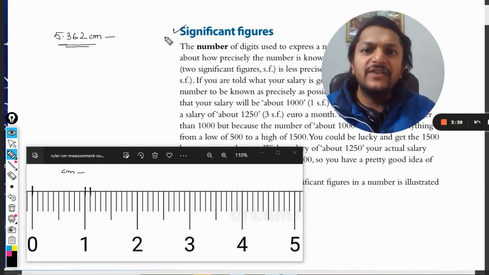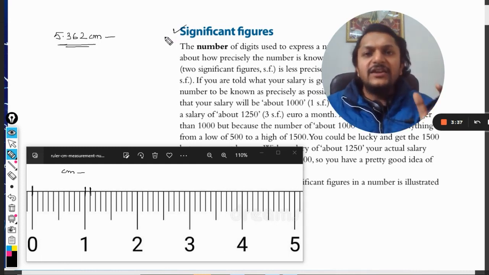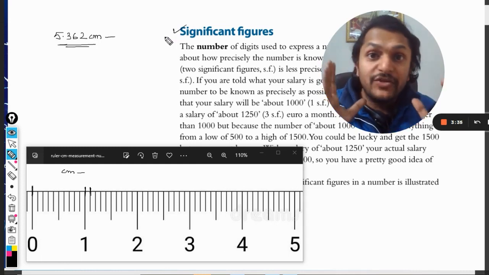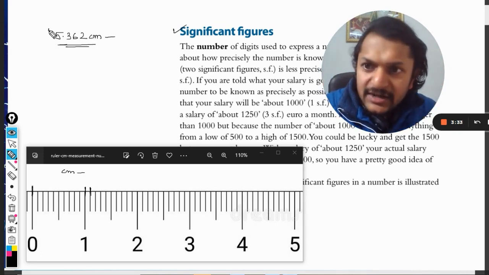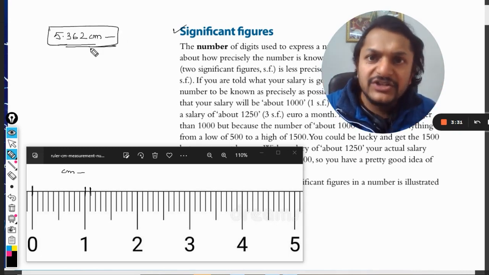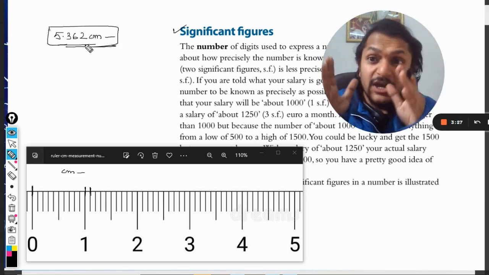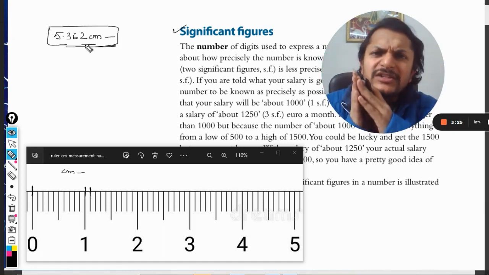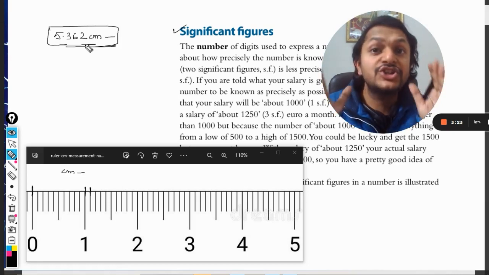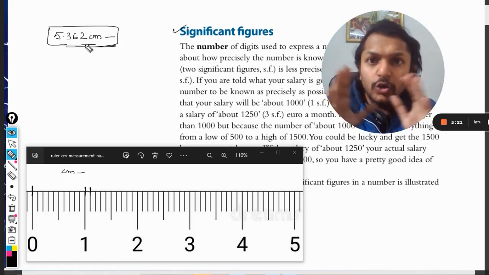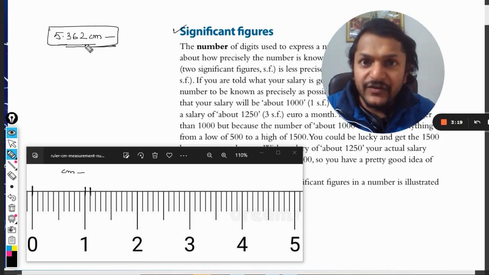Now, how are significant figures defined? Significant figures are the digits in the reported value about which we are particularly sure. The digits which are 100% accurate are called significant figures.